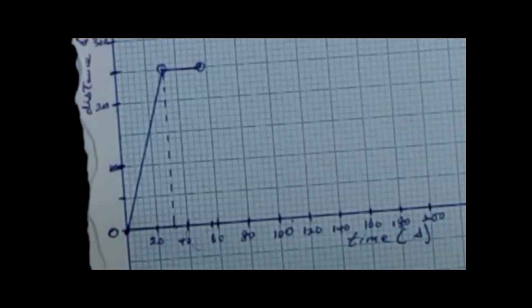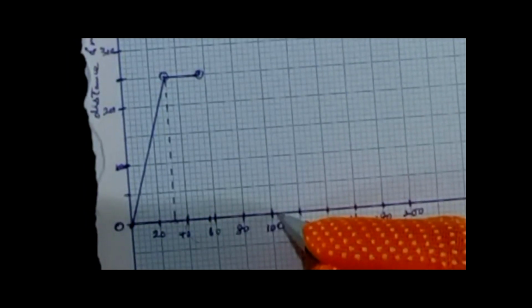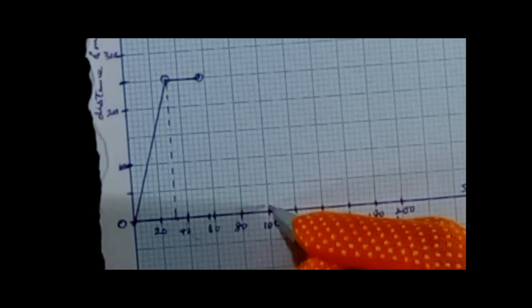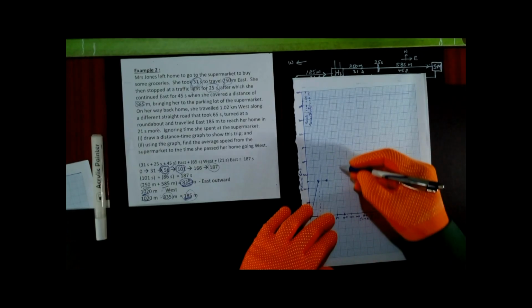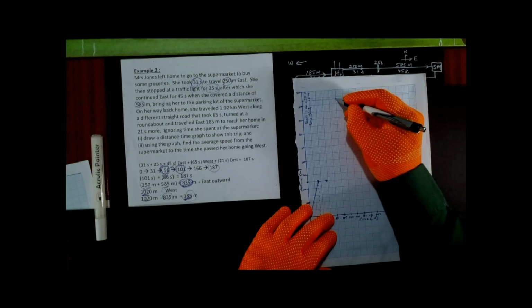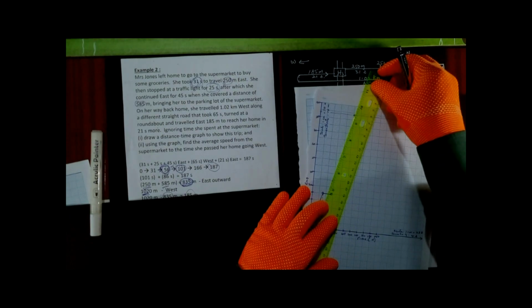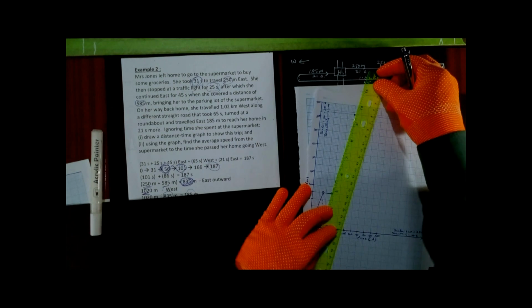Okay, now that we have that, 101. This is 104, that's 102. 101 is almost close to that 100. So it's very, very close to that 100. So we could put it there. Very close to the 100. So we can draw this part of the journey.